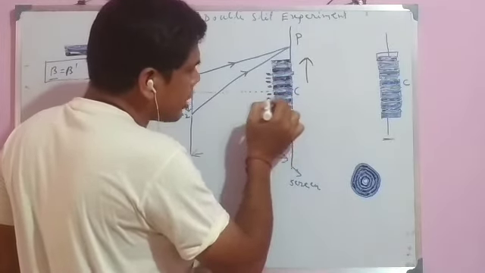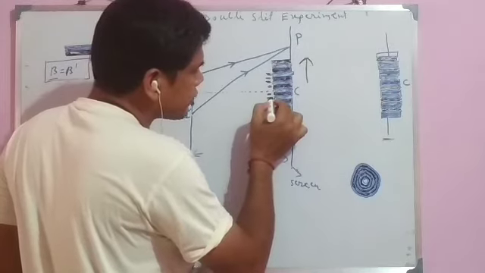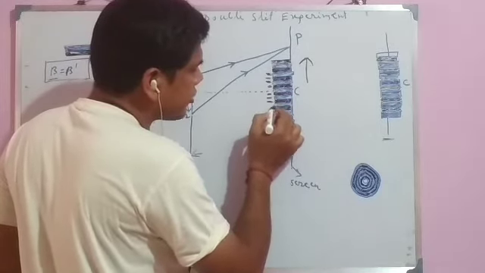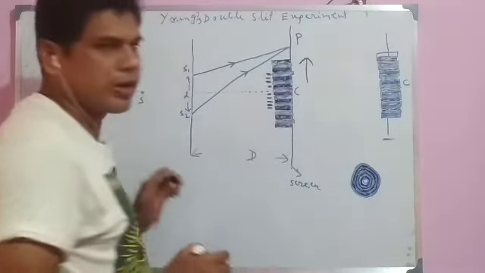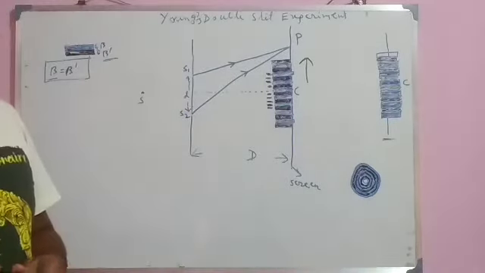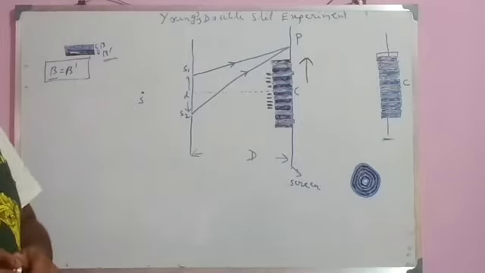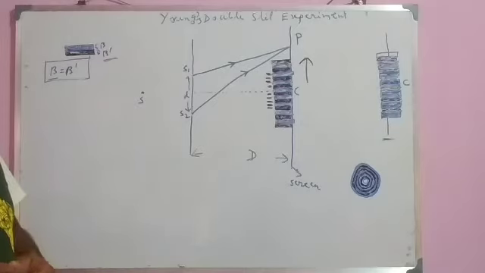All the distances of the first bright fringe, first dark fringe and so on are always measured from the central bright fringe. At the bottom it is also like this: first bright fringe, second dark fringe, second bright fringe, third dark fringe. So we have to count in this way, with respect to the central bright fringe, and all the distances we have to measure from there.